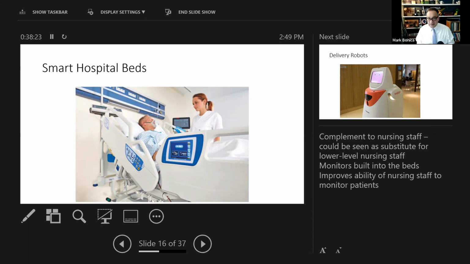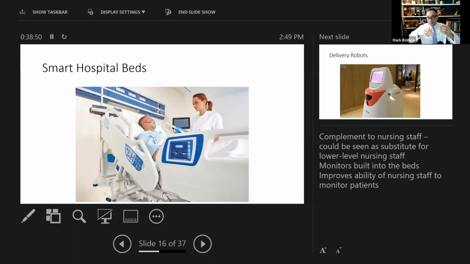So if something starts to happen, you start to decompensate and have trouble breathing, or your blood pressure crashes, all that sort of stuff, the bed calls the nurse and says, hey, there's a problem. So it's an amazing complement, right? It adds to the ability of the nurse to do his or her job to take care of the patient. And it also reduces the labor required.